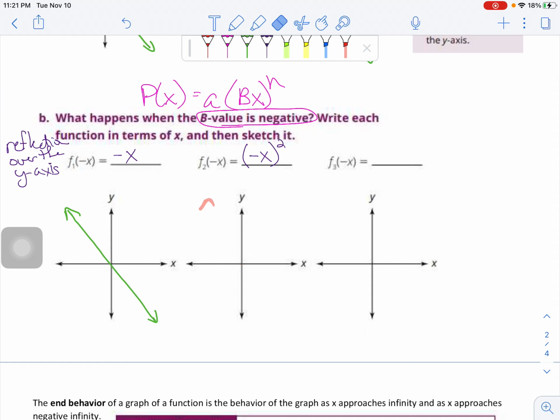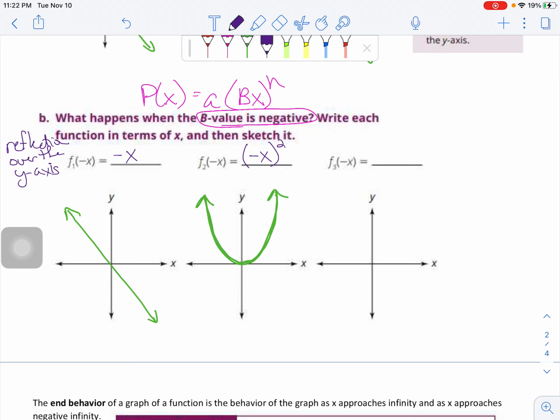It's still going to look identical to what the curve used to look like, because this piece in the upper left is the same as the piece right here in the upper right. Okay, it is literally symmetrical. So it's not going to look any different when you do that reflection over the y-axis for the even degree power functions. Okay, so let's see what happens when we have an odd degree power function.